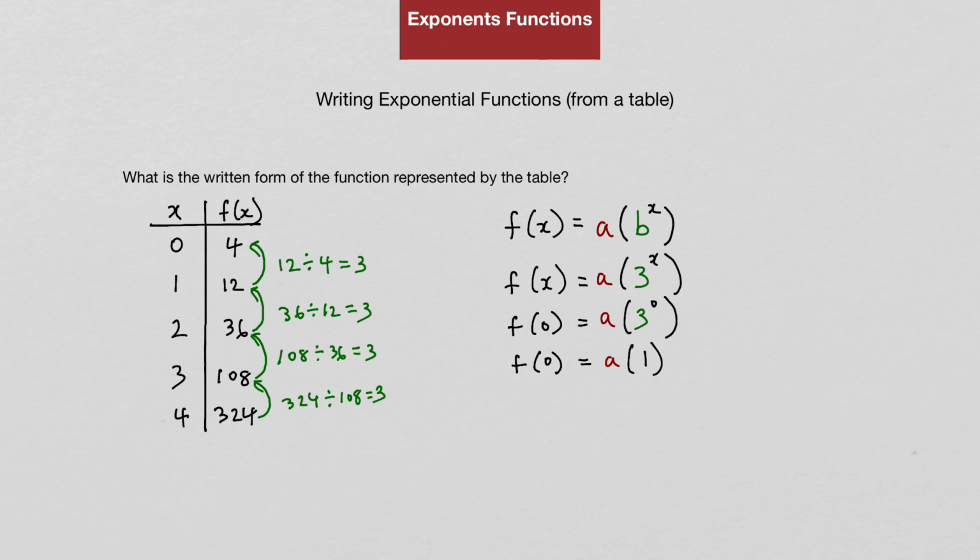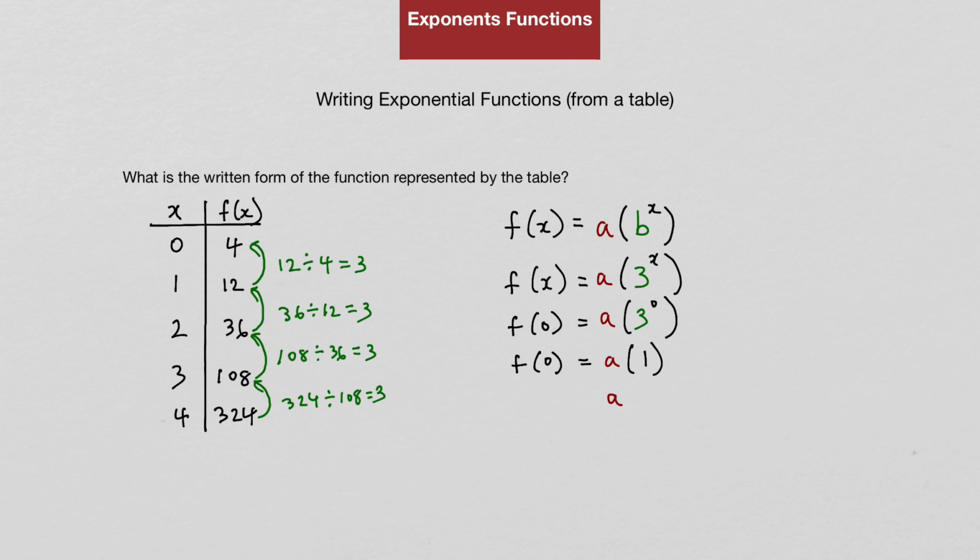Okay, 3 to the 0 power is 1. Okay, so now the question is, what does a need to be so that this value is equal to 4? Okay, well, a has to be equal to 4.